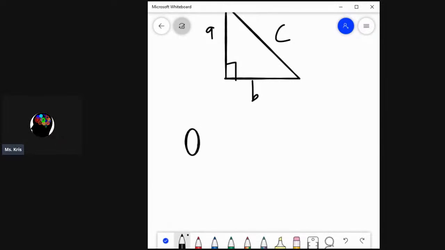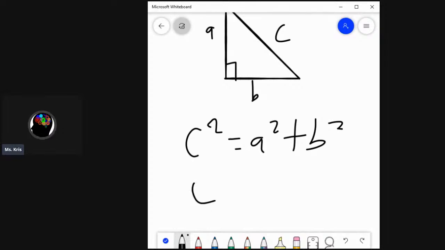So if C squared equals A squared plus B squared, in order to find the hypotenuse, I would then have to take the square root on both sides, which would leave me with C, because the square root of a square is itself, equals the square root of A squared plus B squared.